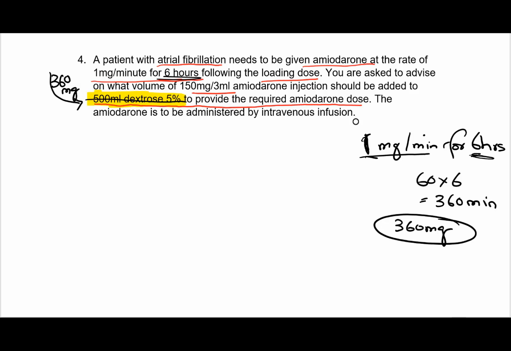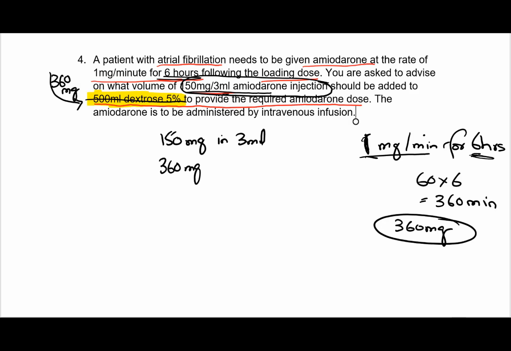I calculate this from the amiodarone injection. So strength of the amiodarone injection is given, which is 150 milligram per 3 mils. So how many mils of this injection will I add to this infusion bag, which will provide 360 milligram of the dose? So let's take this concentration. 150 milligram is present in 3 mils, but I have to give to the patient 360 milligrams.